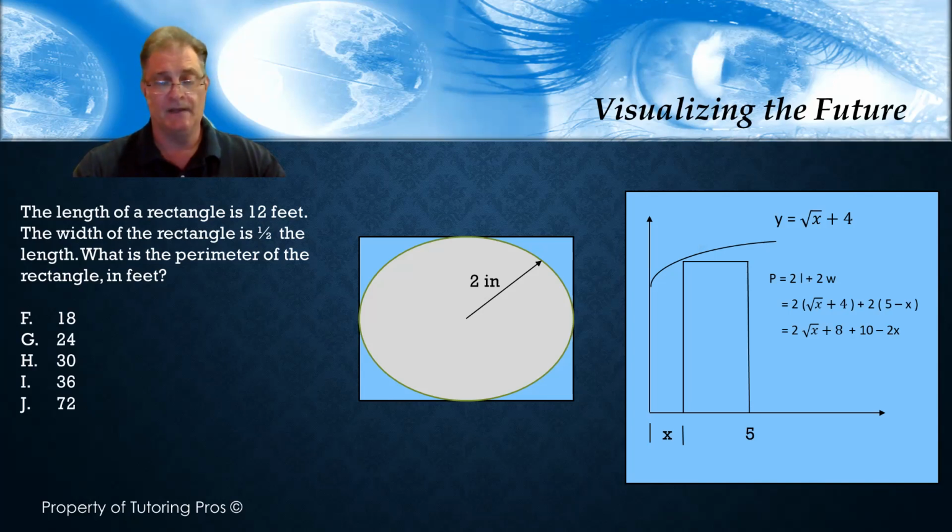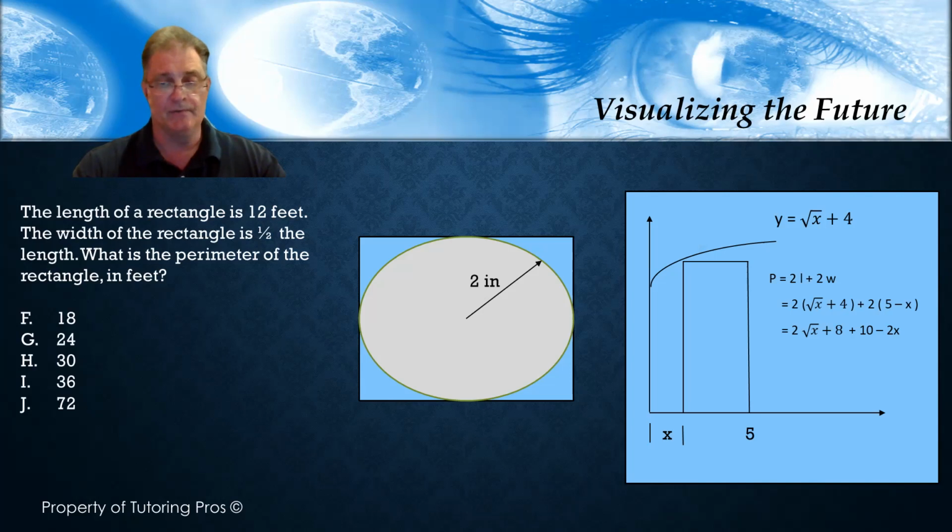Now, finally, as you progress along on the ACT towards the end of the test, you come into a question like the one I have with the graph, where you have a rectangle beneath the line of y equals the square root of x plus 4. Now, the left-hand side of the rectangle and the line share a point together, an x, y value.